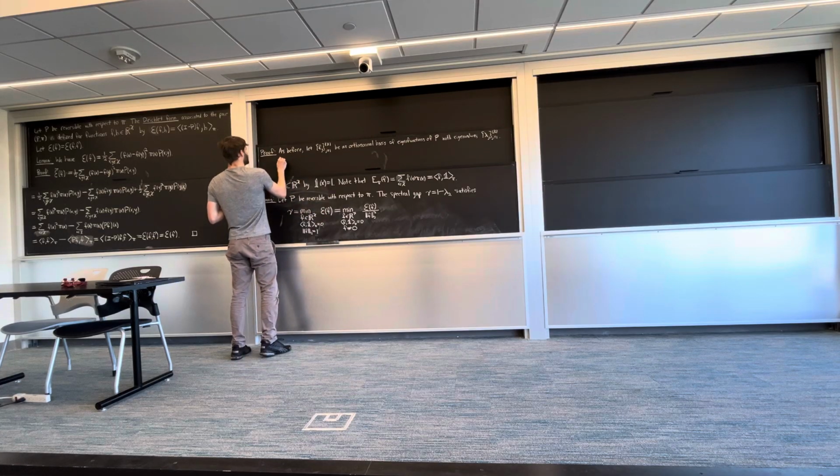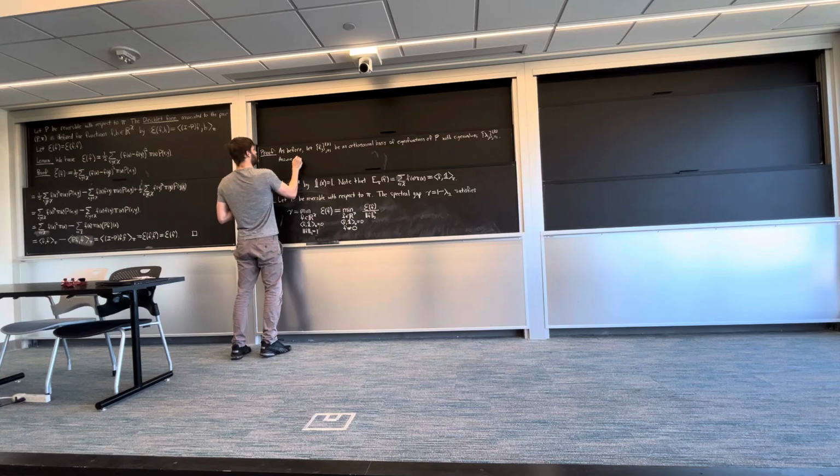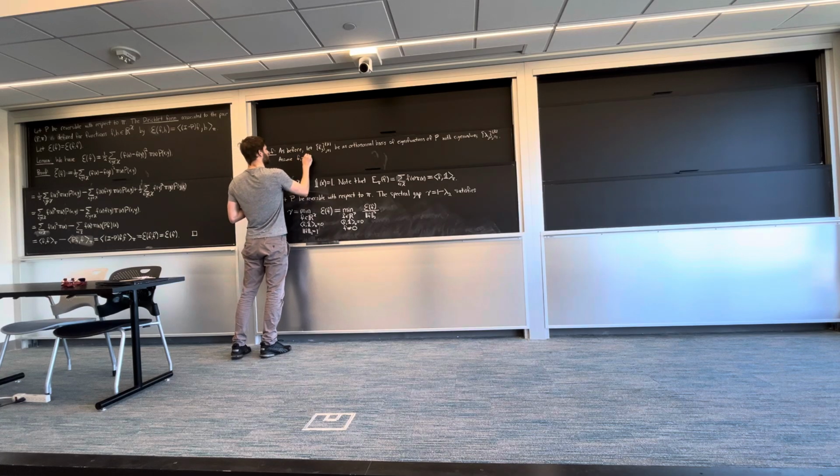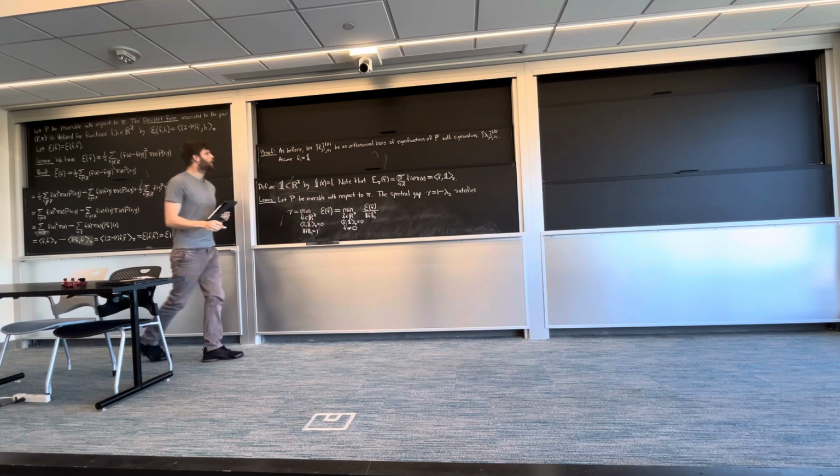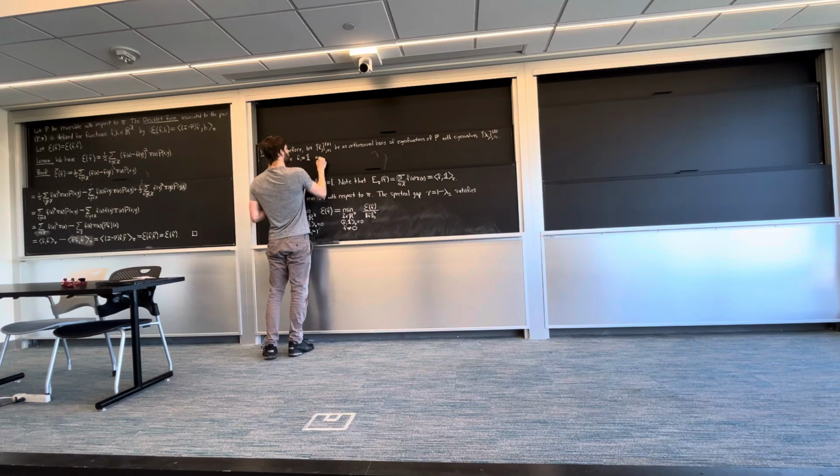We can assume that we've chosen it so that f_1 is this Blackboard bold 1, and lambda_1 is then just 1.